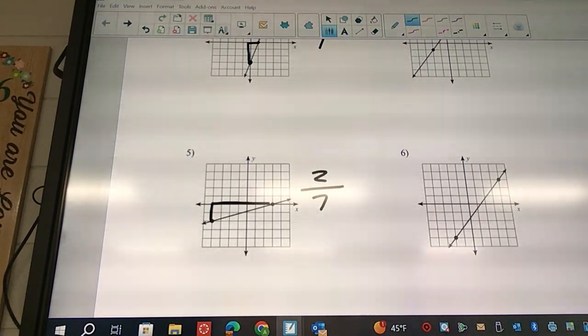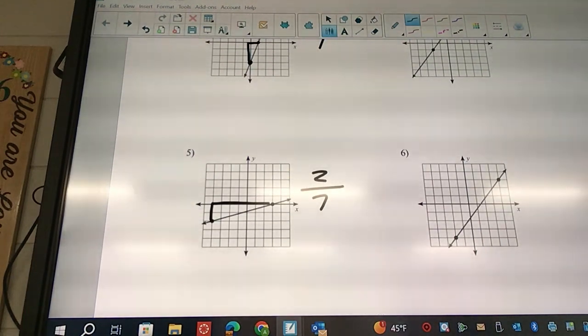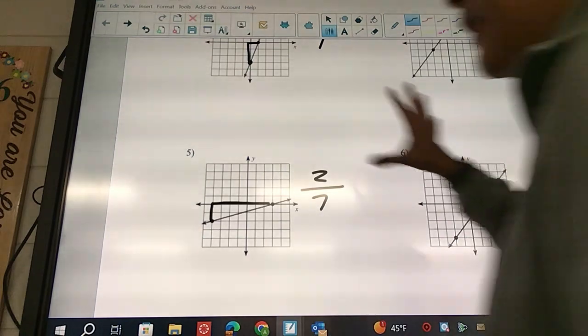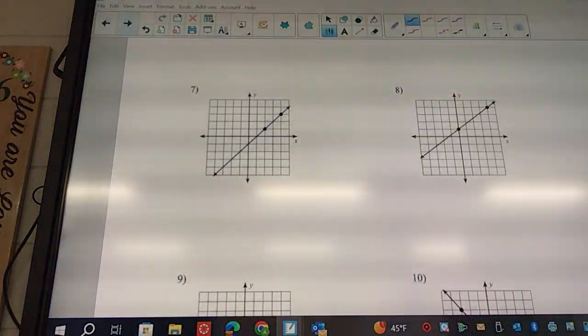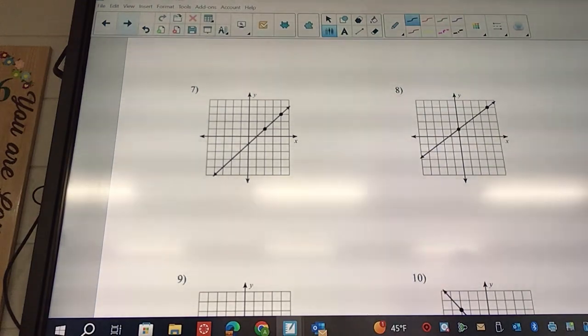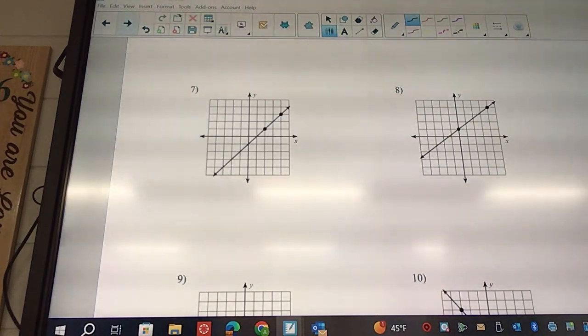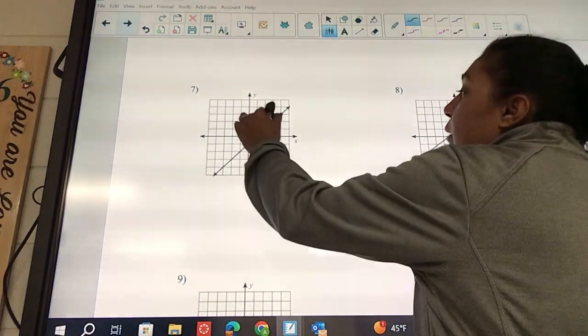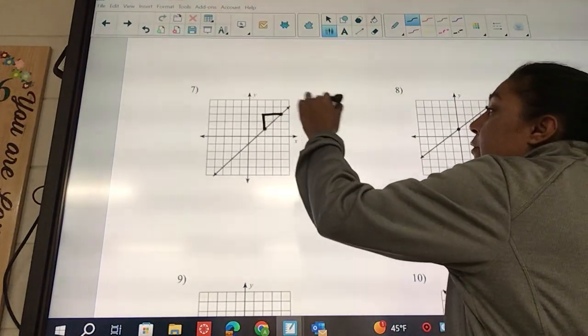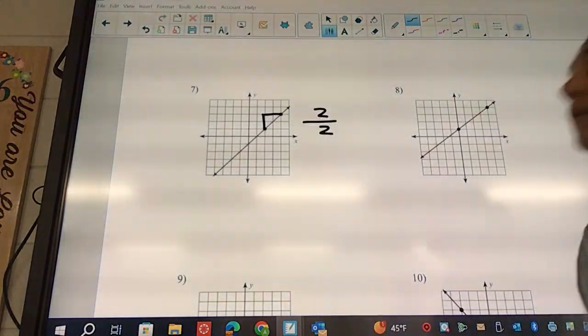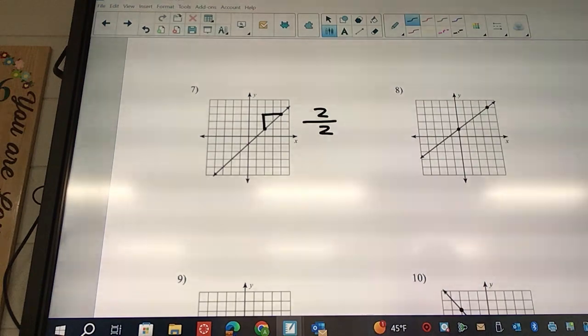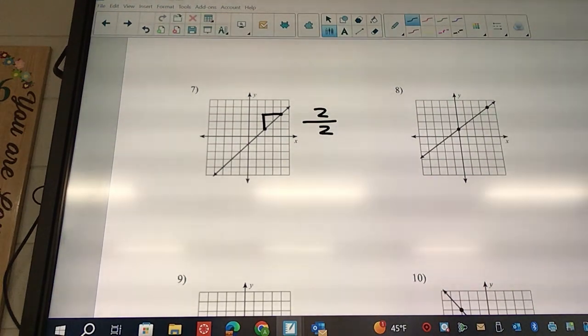Yep, for the graph. Okay, flip your page. Get on number 7. I know you're trying to finish that side, but then you're going to be lost because they move really fast. Again, we rise 2, we run 2. Is that a positive or a negative line? Flip the page. Flip the page.